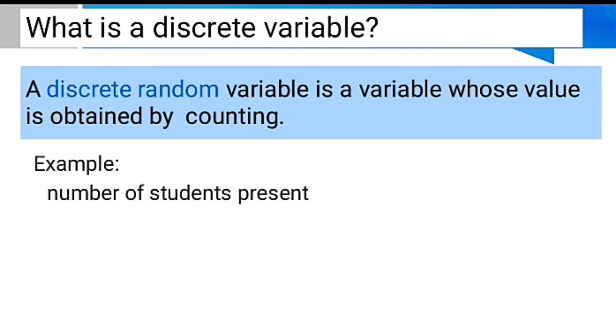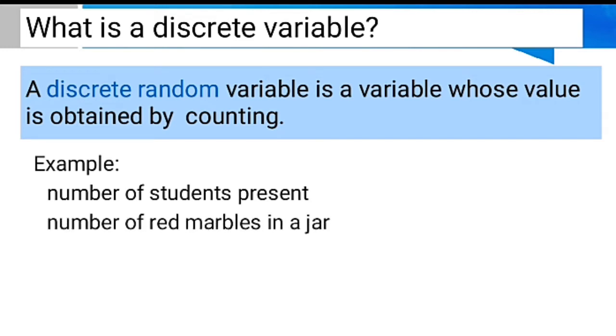Inside the classroom, we can count the number of students present. We can count 1, 2, 3, 4 until 40 or 50. We cannot say 1, 1.5, 2, 2.5. No, because each person is equivalent to 1. So 1, 2, 3, like that.